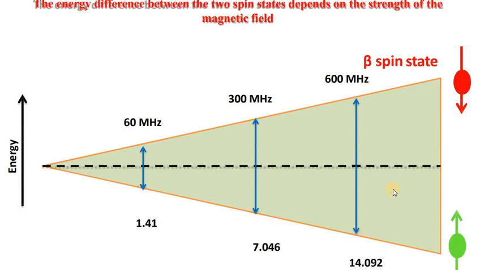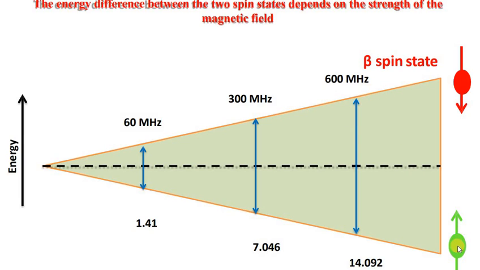We can see here that if the magnetic field strength is 1.41 Tesla, then this frequency in megahertz is required for a hydrogen to resonate, and if it is this amount, then 300 megahertz is required. If it is 14.092 Tesla, then 600 megahertz is required.